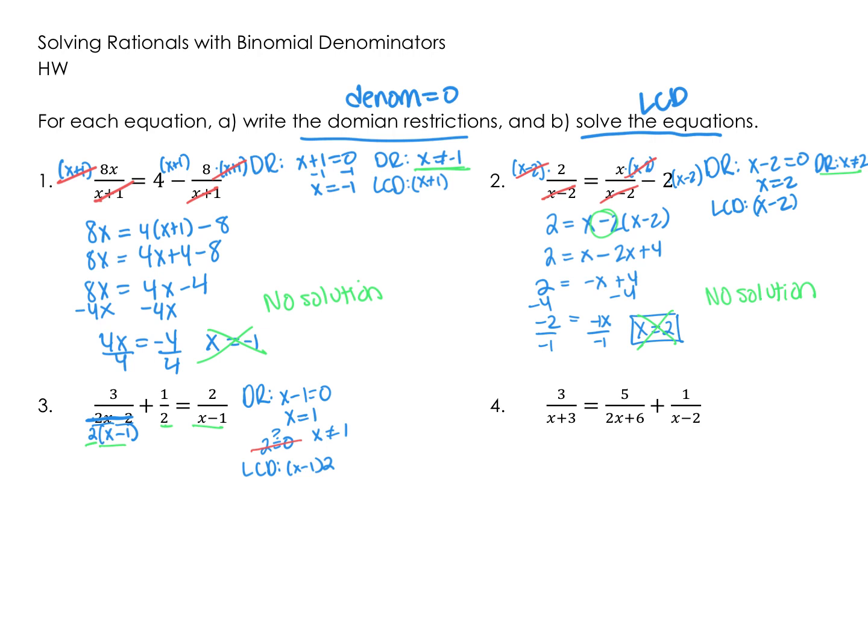So we'll now multiply everything by x minus 1 times 2. Go through and cancel out our denominators. So here the 2 will cancel and the x minus 1 will cancel. Here only the 2 will cancel, and here only the x minus 1 will cancel.